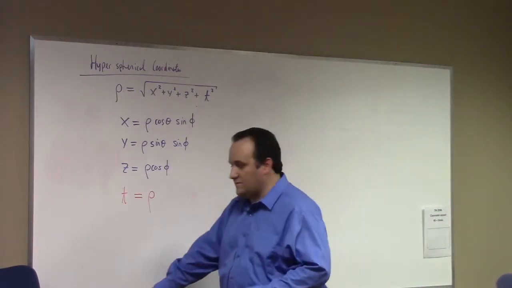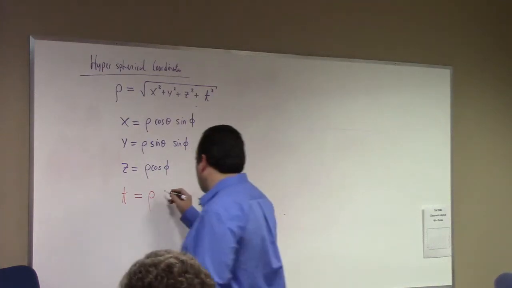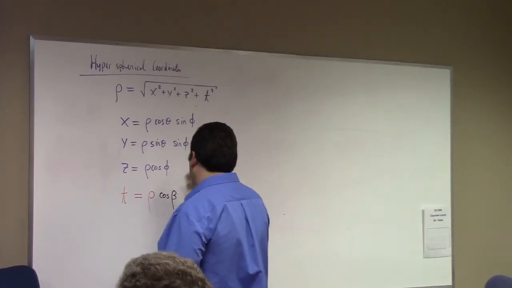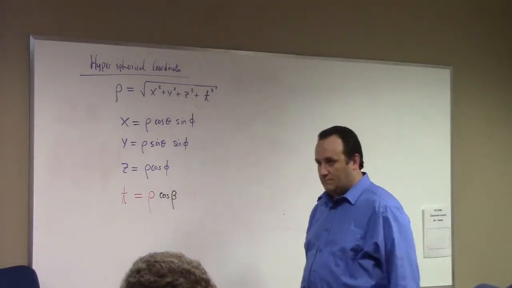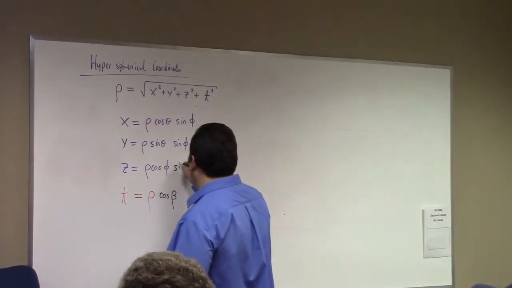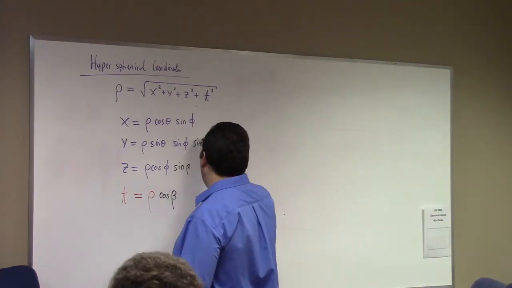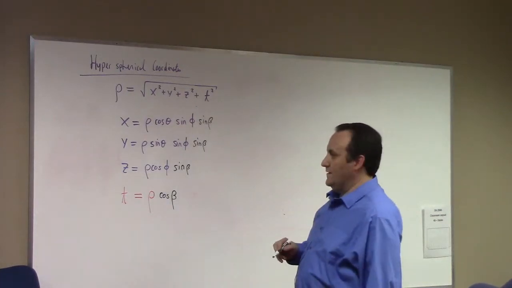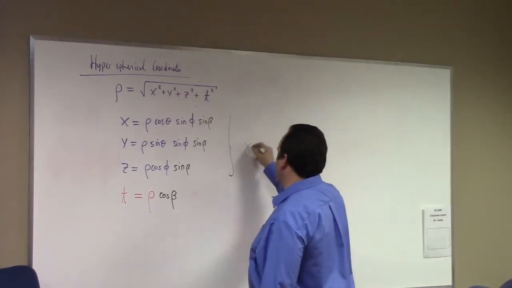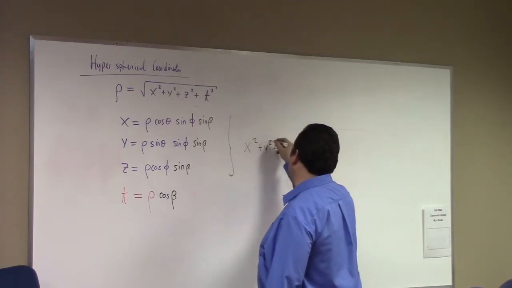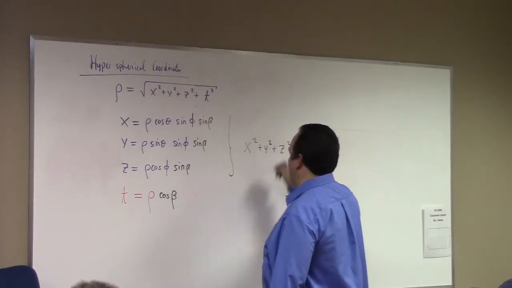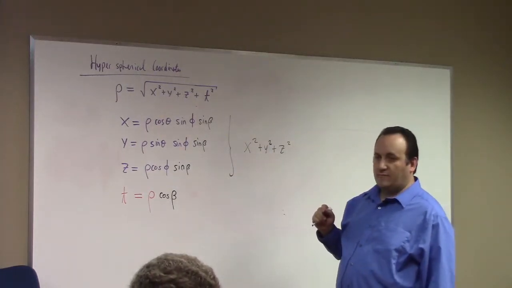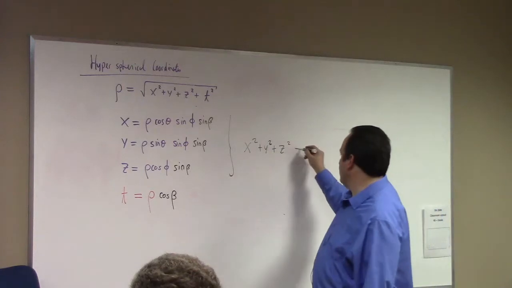And so what you do is you just add another angle. Say t is rho cosine of beta. And then all I do is I slap a sine beta on these guys. With this system of coordinates, if you have x squared plus y squared plus z squared, for all the usual calculational reasons, you get rho squared sine squared beta.